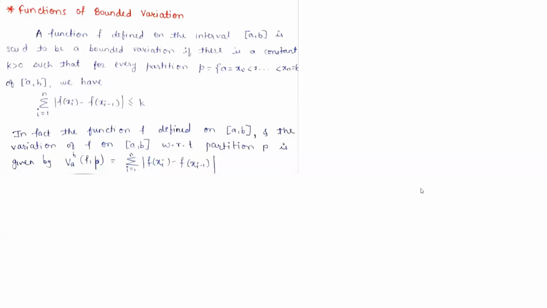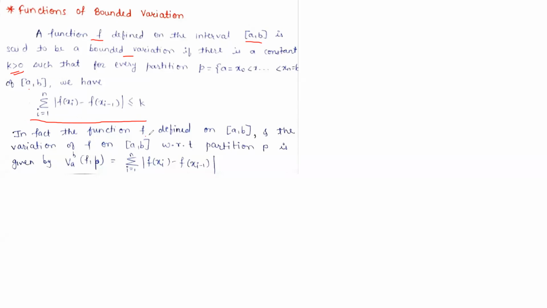Next definition is of a function of bounded variation. A function f defined on the closed interval [a, b] is said to be of bounded variation if there is a constant k greater than 0, such that for every partition of this closed interval we have the summation i from 1 to n of mod of f(xi) minus f(xi-1) is less than or equal to k.